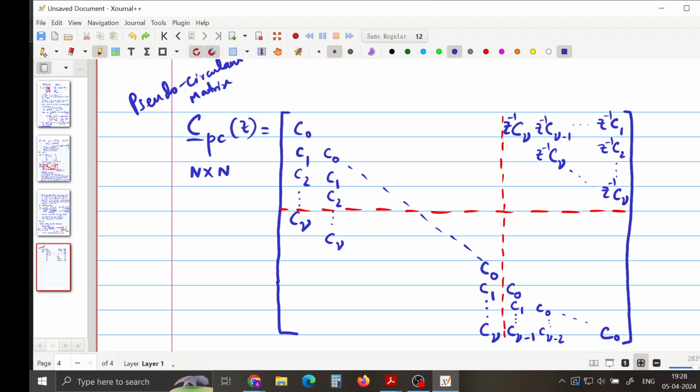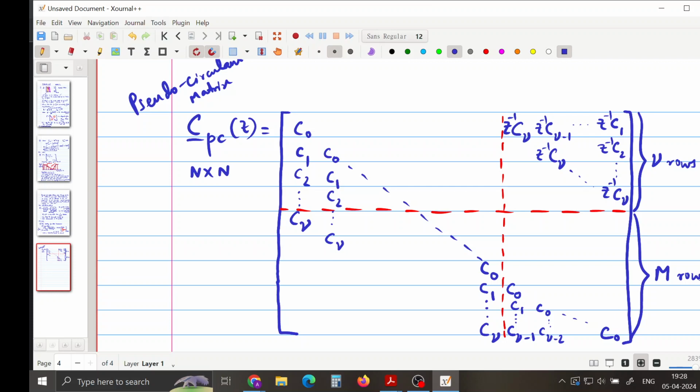And if you label this, how many rows are there till this point? There are mu rows, right? And the remaining part constitutes m rows.